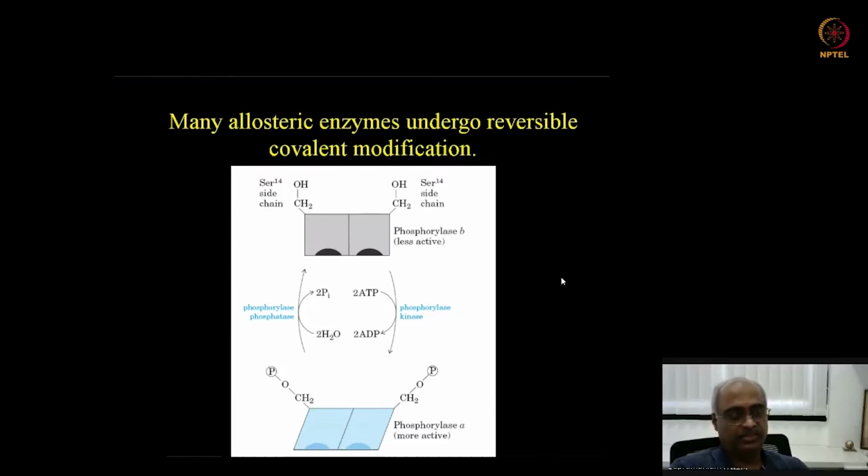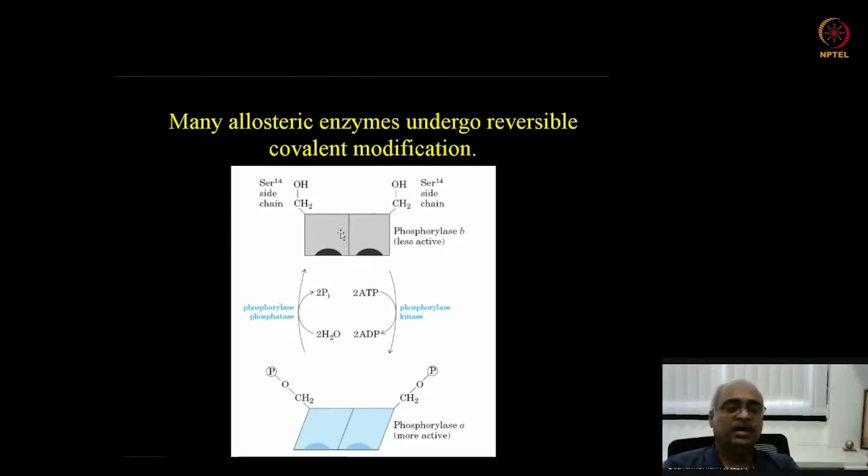In other situations, I told you the end product of the pathway might regulate the upstream enzyme. So in that case, it is not the substrate, it is another molecule. So it could be any molecule that binds to a catalytic site or regulatory subunit and modifies the overall conformation such that the active site in the catalytic subunit is affected. So remember the R subunit, C subunit cartoon that you saw in the last class.